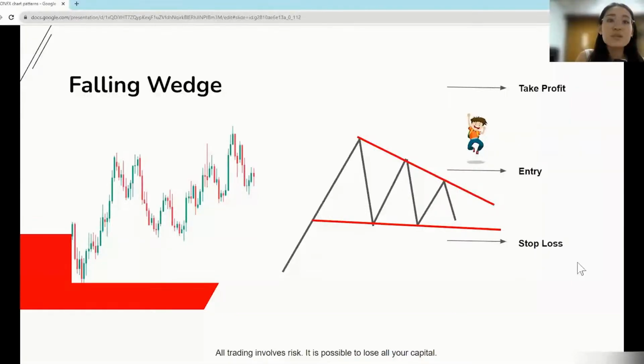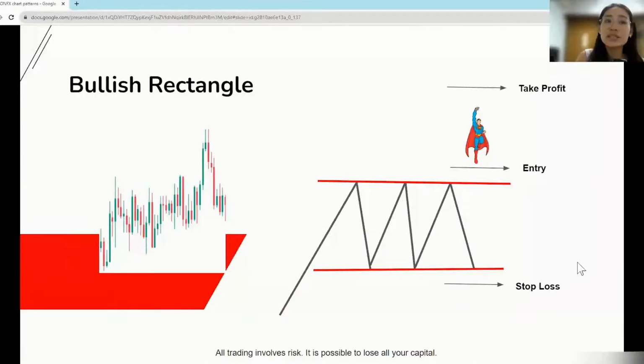Okay. So our next continuation pattern that we want to talk about is the bullish rectangle. Similarly for bearish as well, it's about the same, just opposite direction. In our bullish rectangle, we have three swing highs, though it doesn't have to be three. As you can see in our example with the candlesticks, it's just a consolidated area in which price is testing the upper boundary and the lower boundary, or resistance and support level.